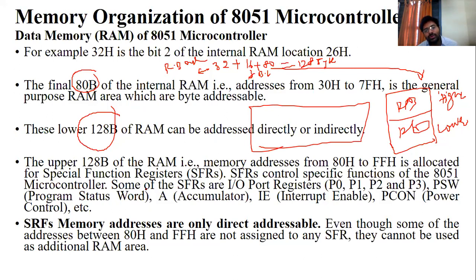So what is the upper 128 bytes of the memory, and what is its address? The lower is 0 to 7FH, and the upper is 80H to FFH.